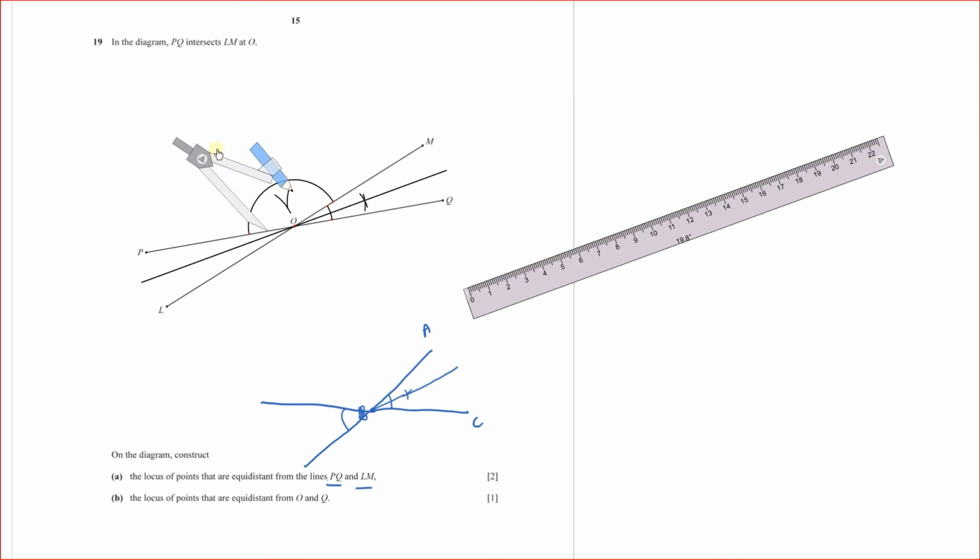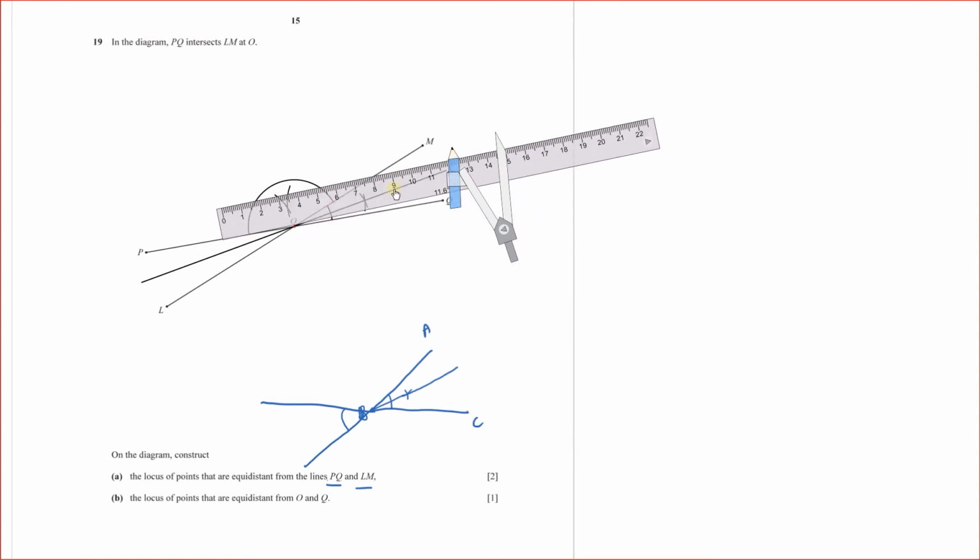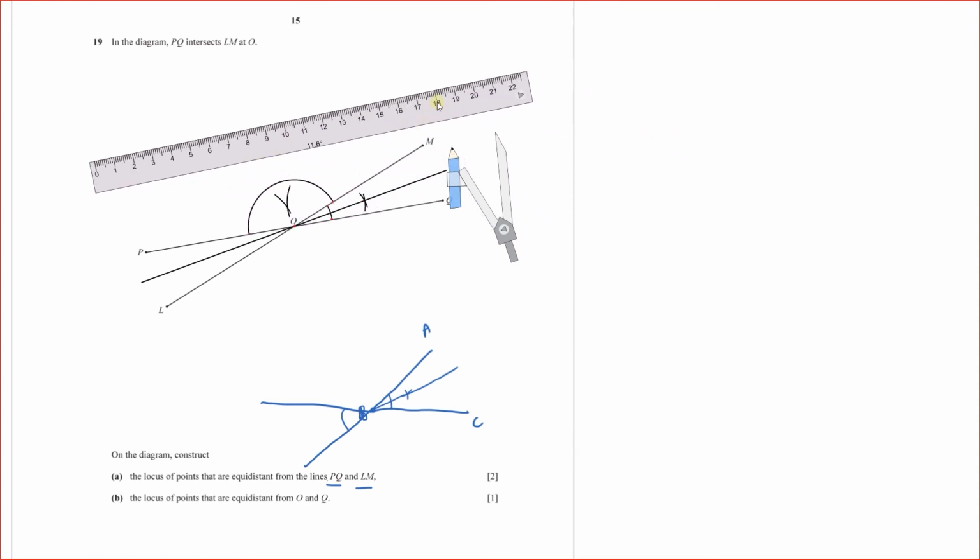Let me make the other arc a bit longer so that I have a good intersection point. So now if I join this point with point O, I should get the angle bisector, the other two angle bisectors.